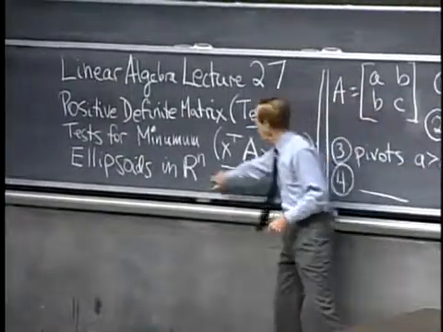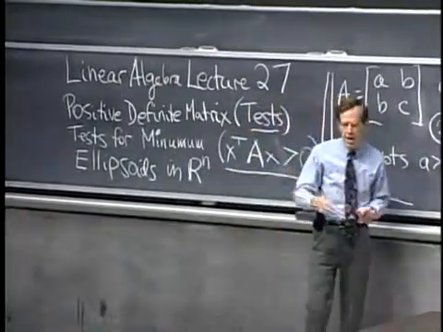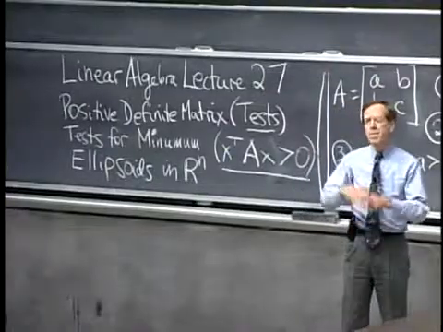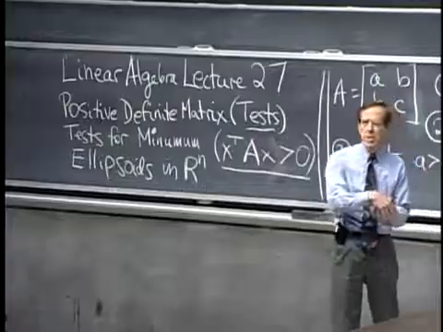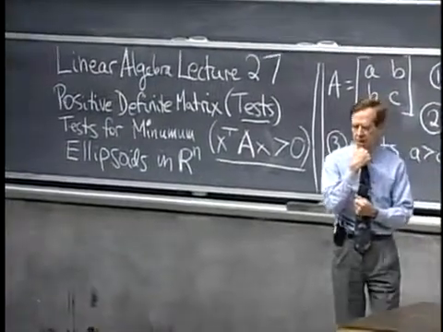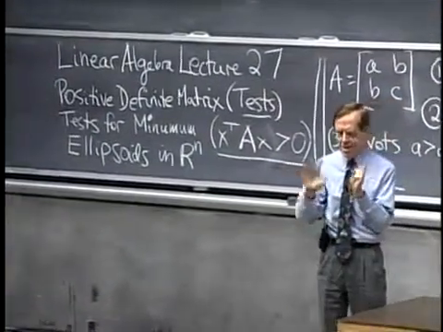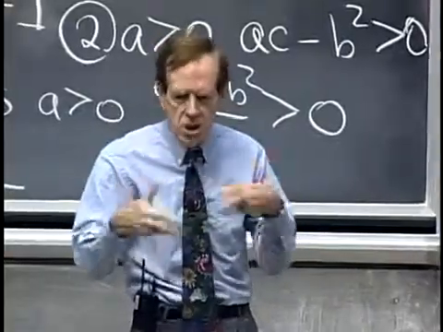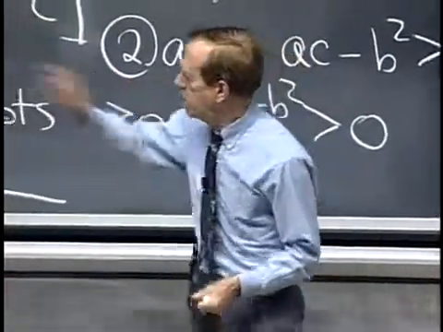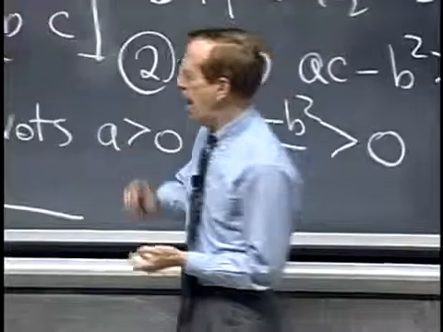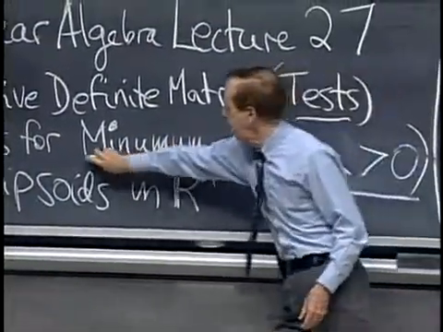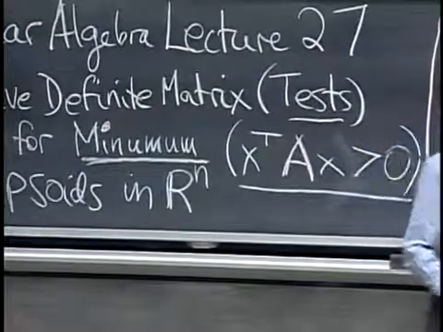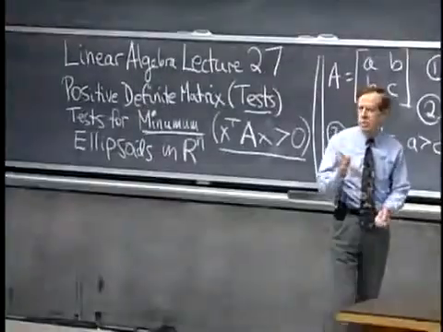And then at the end comes some geometry. Ellipses are connected with positive definite things. Hyperbolas are not. So there's a geometry too, but mostly it's linear algebra. And this application of how you recognize when you have a minimum is pretty neat.